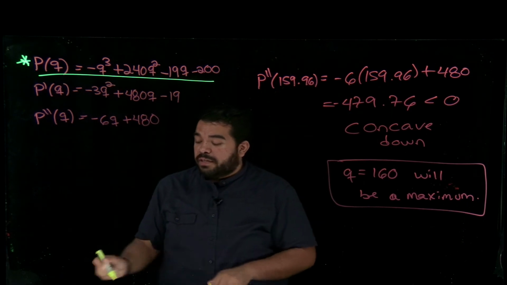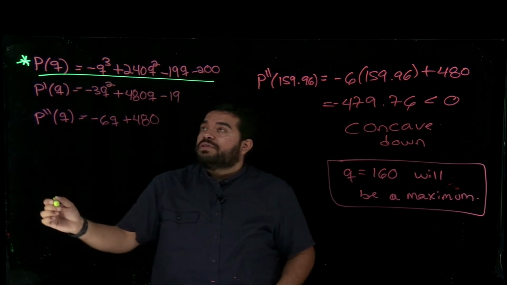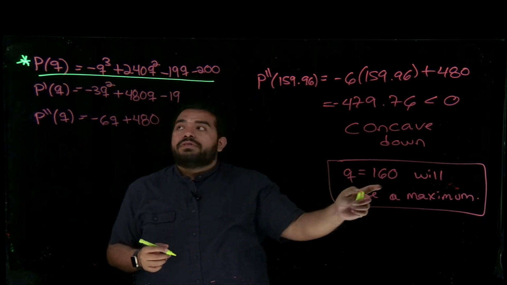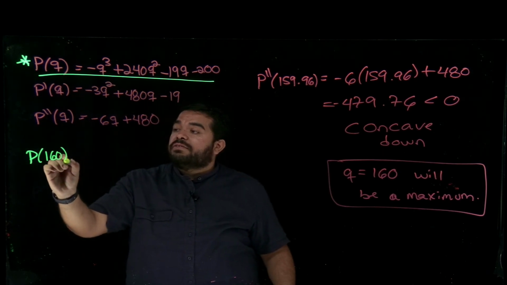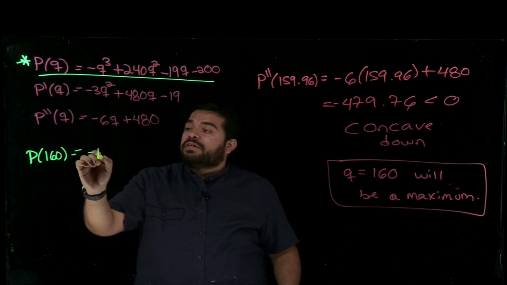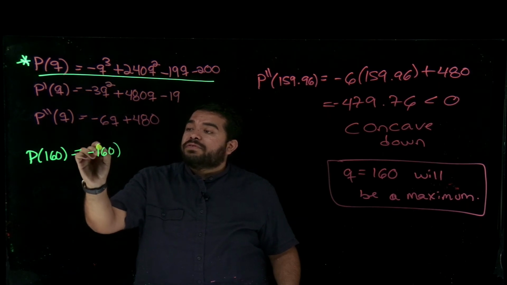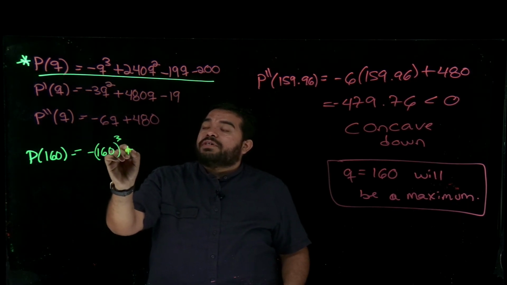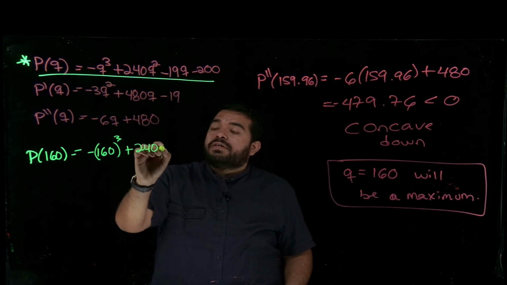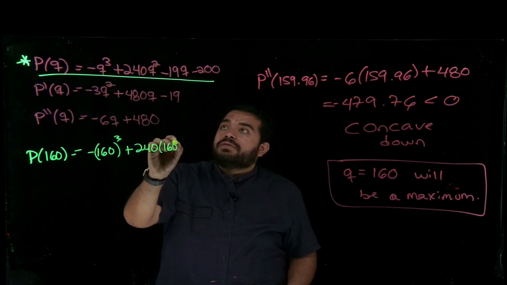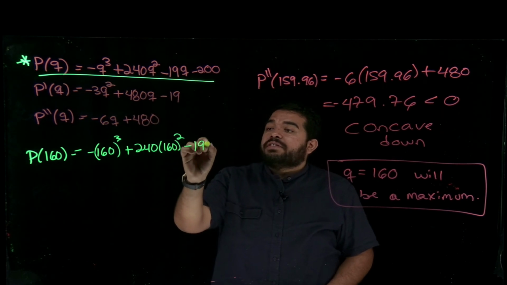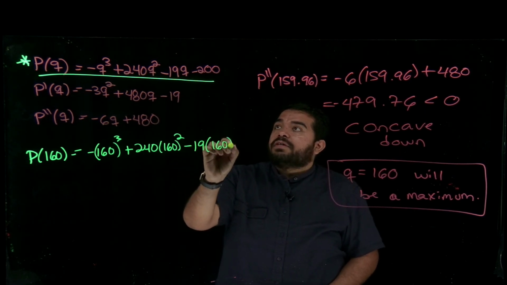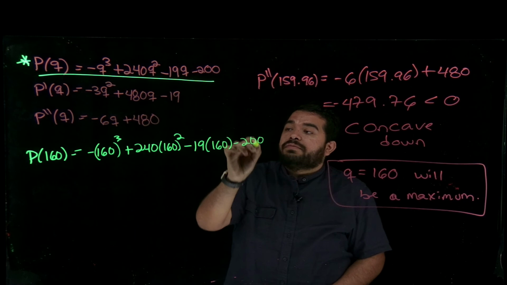So again, to see how much we're going to make, if you guys remember, this is your total profit. So what we're going to go ahead and do is plug in this value into our original. So that means P of 160 is equal to negative 160 raised to the third power plus 240 times 160 raised to the second power minus 19 times 160 minus 200.